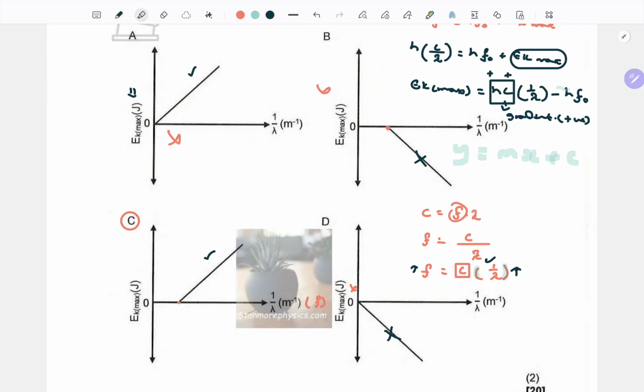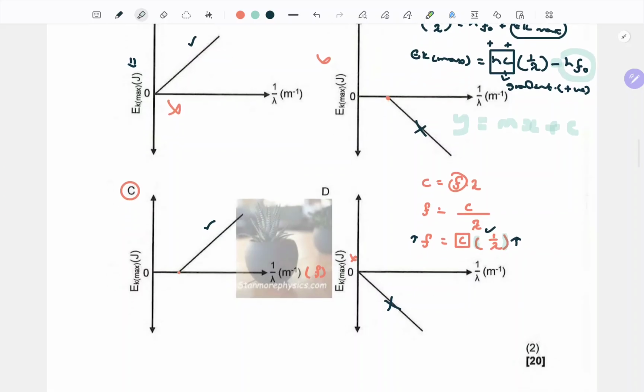So where do we see the negative sign? There. If it comes in front of this, this should be our work function. So where is it here? This is 0. It's not negative, so it's wrong. If we draw this to the y-intercept, this is positive, essentially wrong. If we extend this, it's negative, which is correct. Can you see that? So the y-intercept is correct in this case. This one is 0, it's wrong.